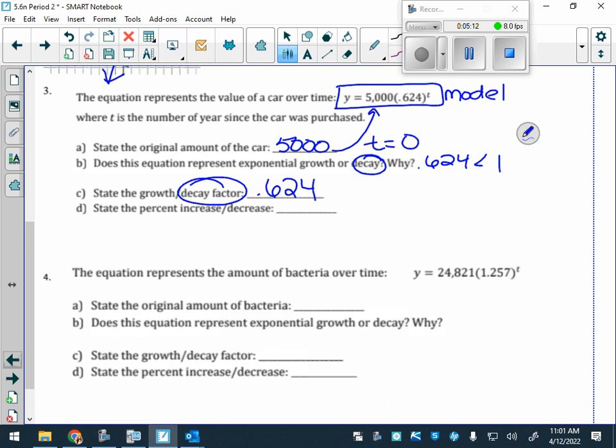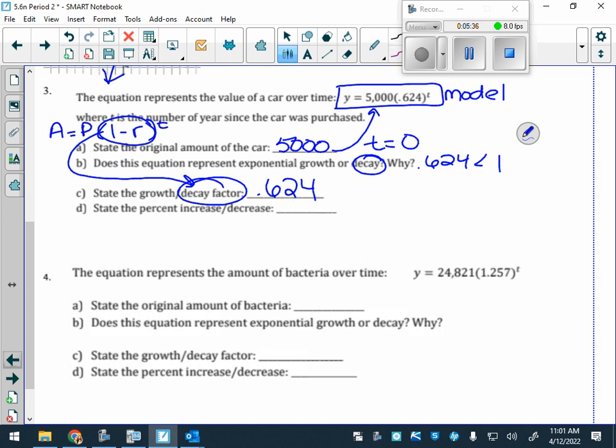Okay, that's the decay factor. Remember, they get that from A equals P times 1 minus R to the T. They already figured this out for you. Okay, 1 minus R is your decay factor, which is inside the parentheses of 0.624.